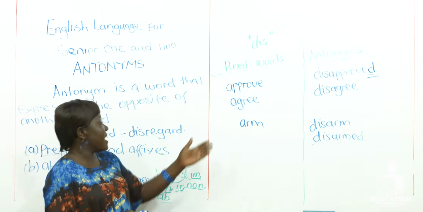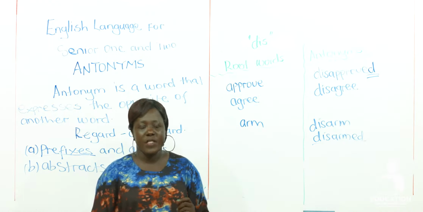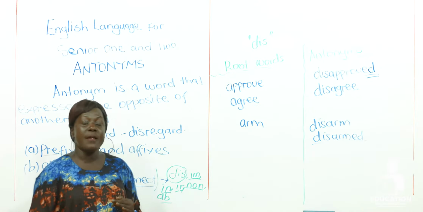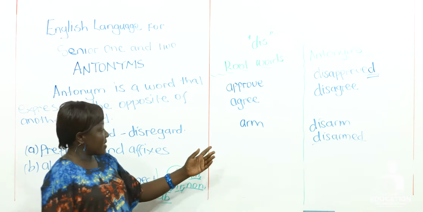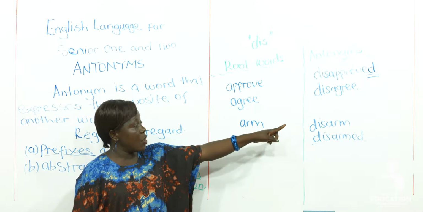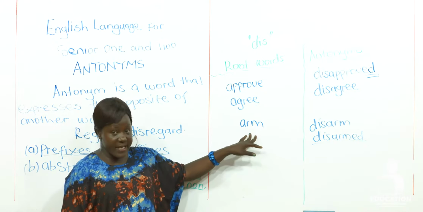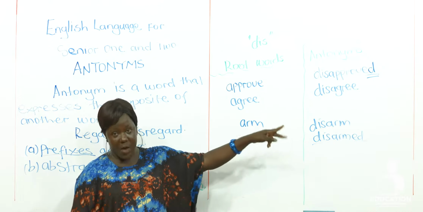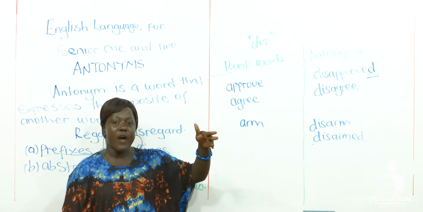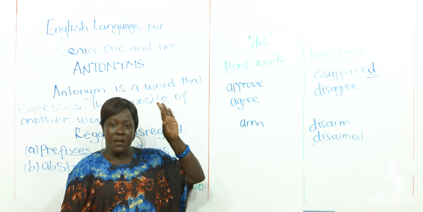Not only maintaining the tense, my dear learners, be very careful also to maintain the word classes. If the word is a noun, let it be also a noun in the opposite. If it is a verb, let it be a verb also in the opposite. If it is an adverb or some other thing, let it also be in that form.